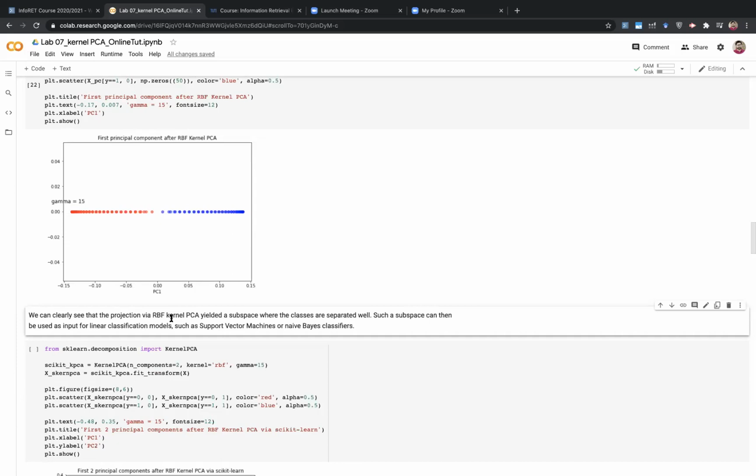PCA itself is just a dimensionality reduction technique, an unsupervised method. The blue and red colors are there because we have insight into the data. Because we created this data set, we know how it's supposed to look. This is class 0 and this is class 1, or class red and class blue.